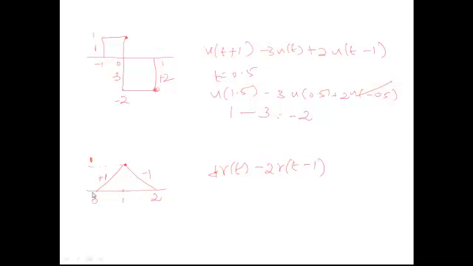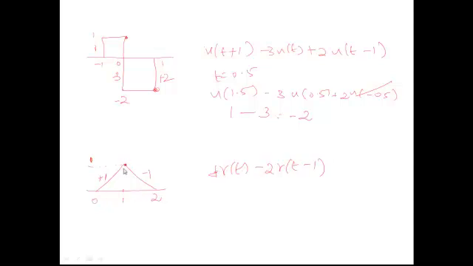The first step is that we start from this point, because on the negative side we don't find any signal. We understand this is a ramp signal with some slope. We got the slope, and this slope is represented by r of t. The slope is 1, so this is given as 1 times r of t. And at this point you have a signal change.